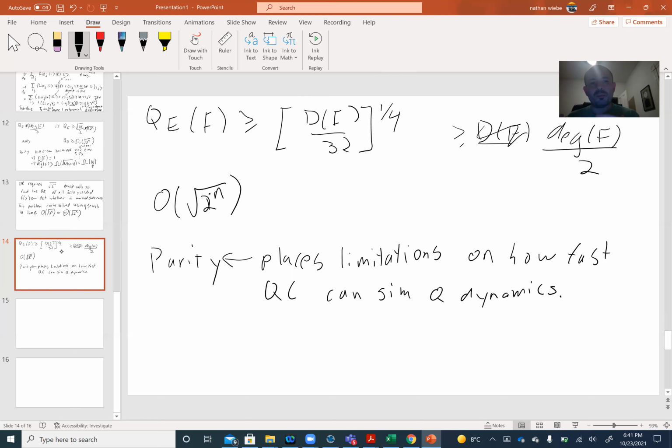And we'll get to that later. But the key thing that I hope you get out of this is that quantum computers in a query model do not provide exponential speedups for absolutely everything.